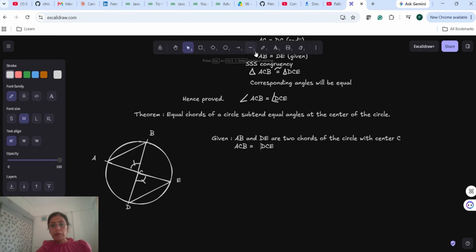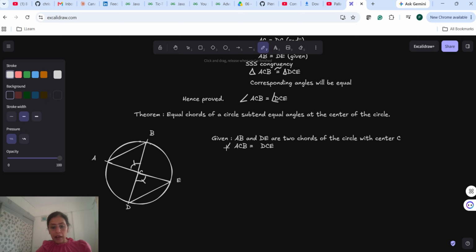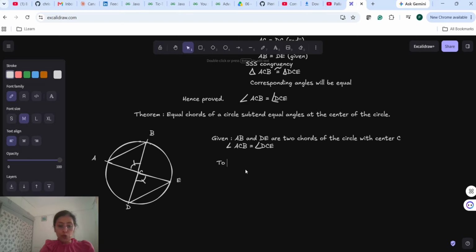Let me make the angle symbol here. Okay. These two things are given to me. What do I need to prove now? To prove: what I need to prove here is AB is equal to DE. I need to prove that these two chords are equal. So let's get started with this fun proof. Okay.